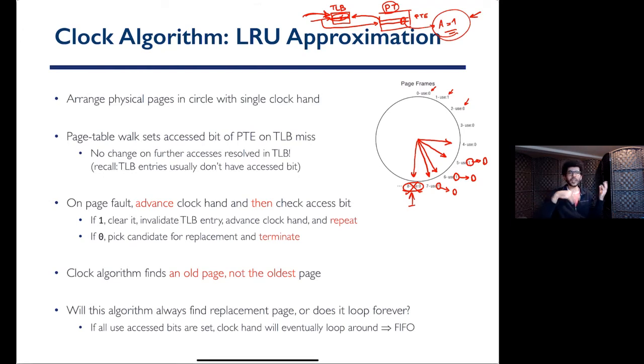Then let's say next time you come and all of them are again 1, then you're going to make everybody 0, come back, and evict the one that you started with, again and again. So if every time you come back, all of them have been accessed, then you're going to do FIFO. And you can see that this is definitely not least recently used. It's FIFO, right? So this is not exactly LRU, obviously. It's an approximation of LRU.